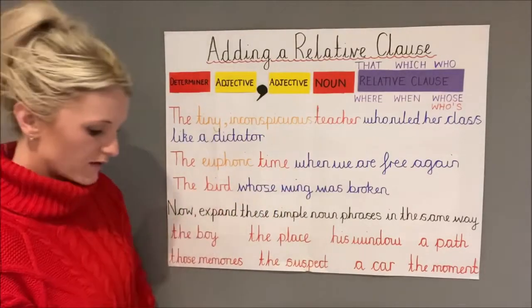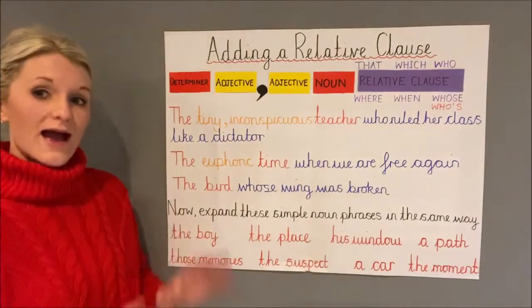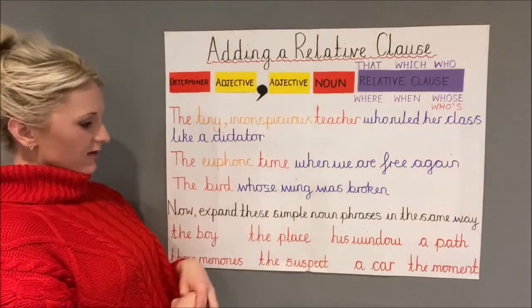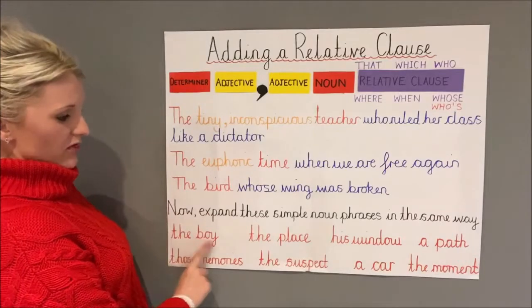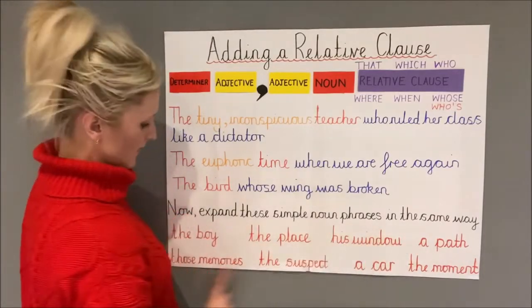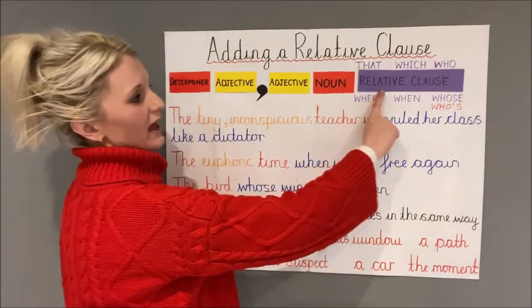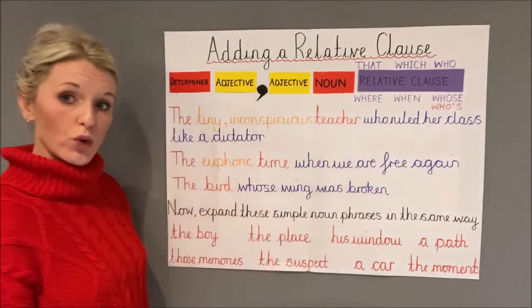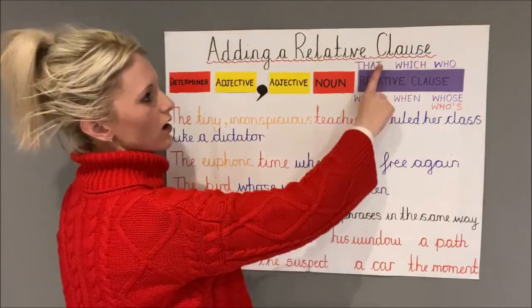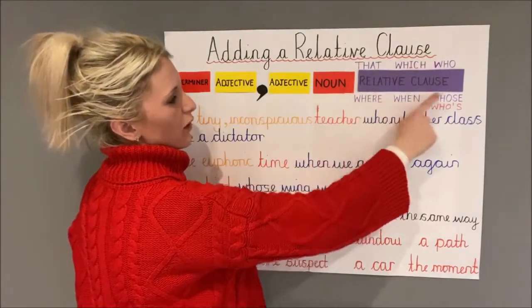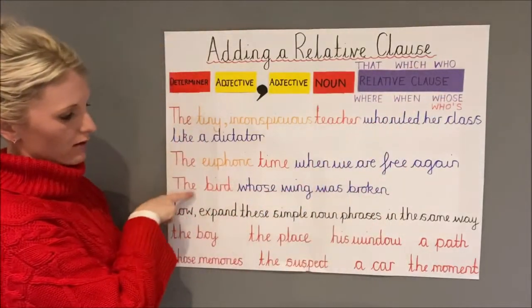Okay, so what I would like you to do, and your first challenge, is I would like you to try and turn these very simple noun phrases into an expanded noun phrase using a relative clause. So remember, it will need to start with one of these relative pronouns here, just like my examples here.